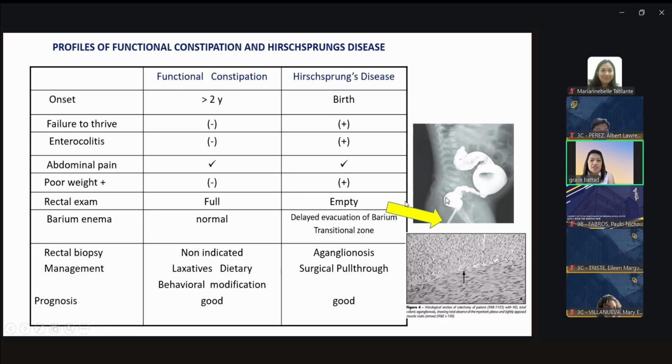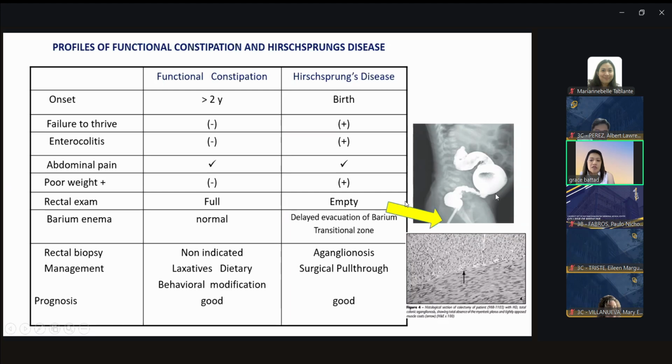The pathologic segment is the non-distended colon. But on barium enema, you will see the funnel-shaped barium, and the radiologist would say there is something wrong here. There is delayed evacuation of barium. We call this your transitional zone.